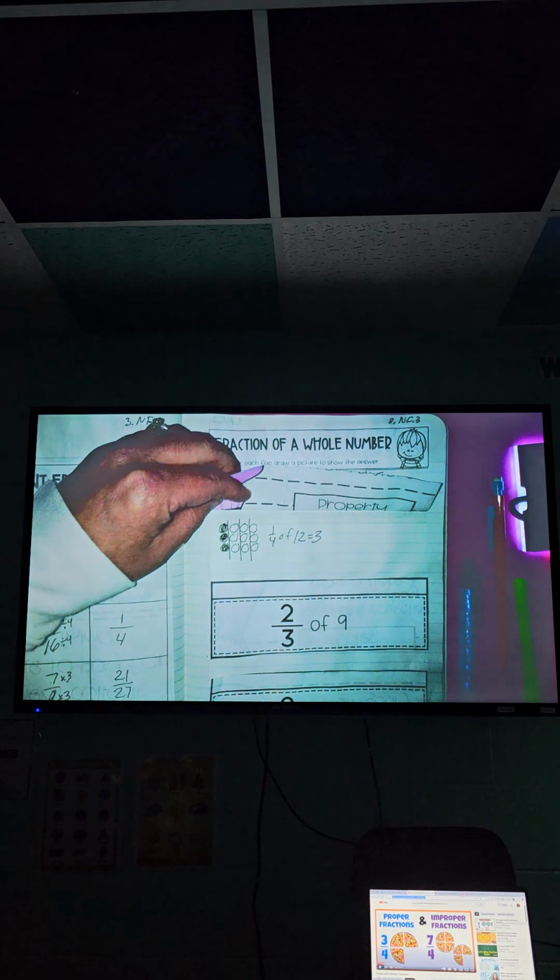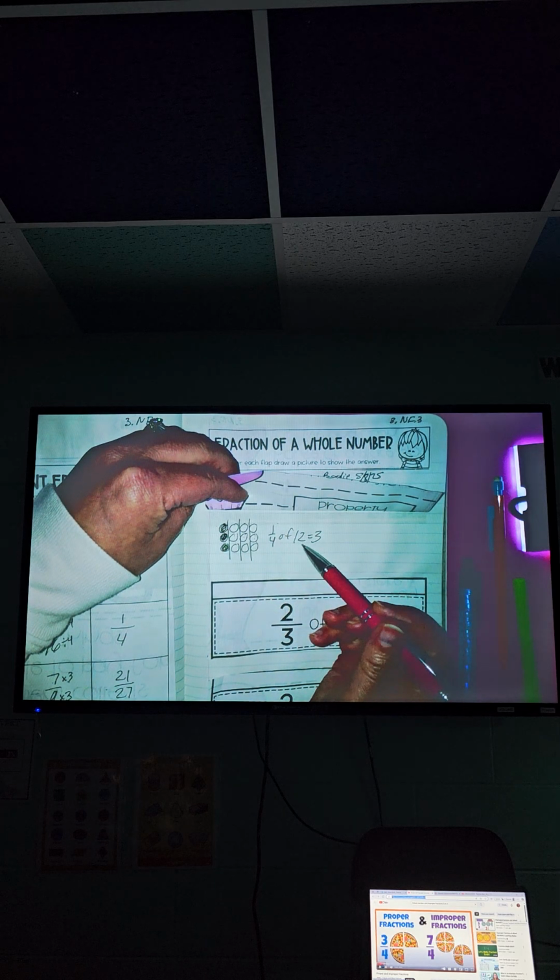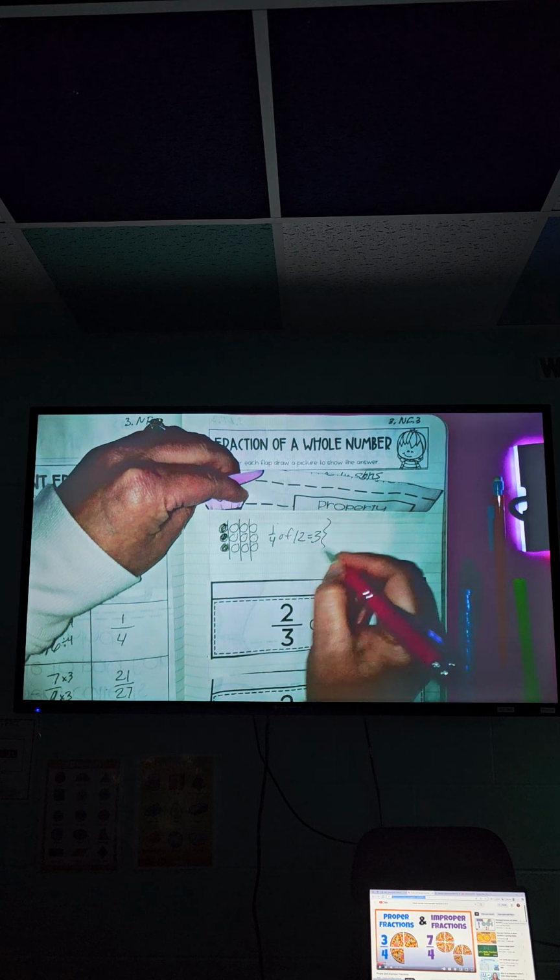Now I'm going to show you another way that you need to know, because this is the picture way, but I'm going to show you the mathematical way that you'll need to know.